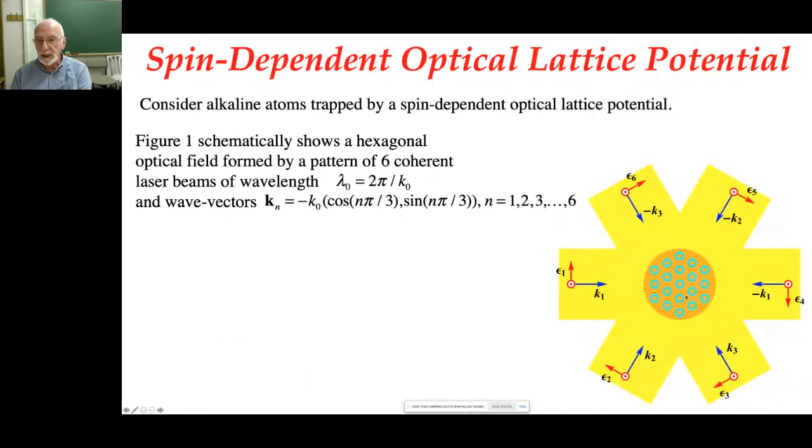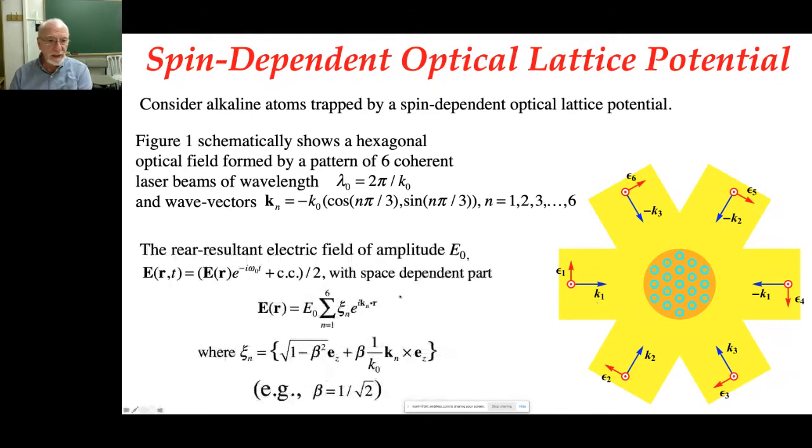And as a result of this configuration, the optical lattice will produce not only a scalar potential, but there will be a vector potential as well. And in fact, for atoms with hyperfine structure larger than 1/2, there will be also a tensor component to the optical lattice potential.